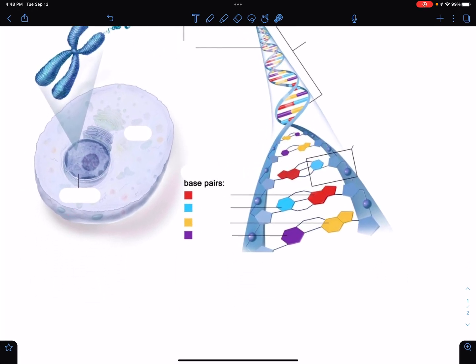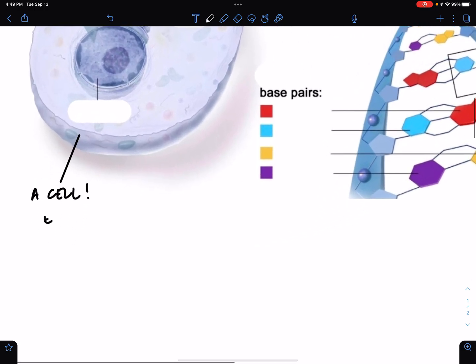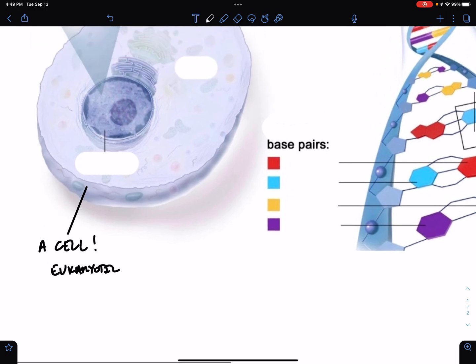Here is an image of a cell. We know a few things about this cell right away. First of all, we know it's eukaryotic. How do we know that? Well, because it has a nucleus and a nucleolus.